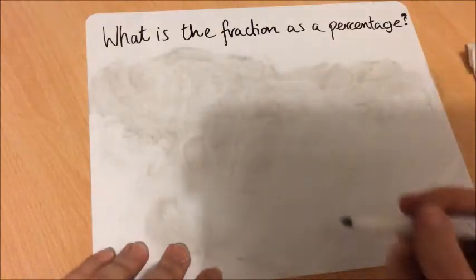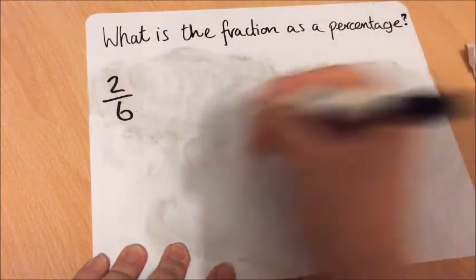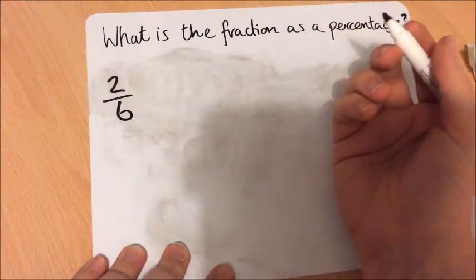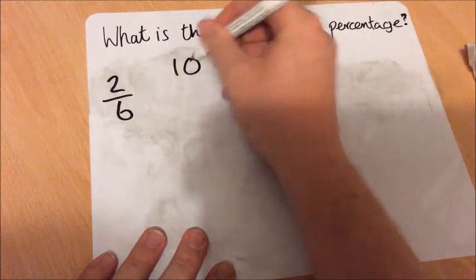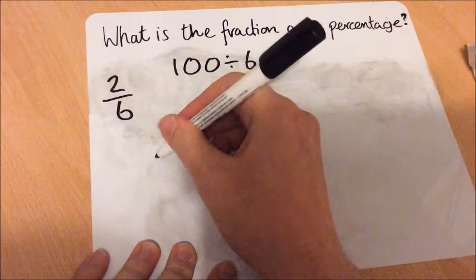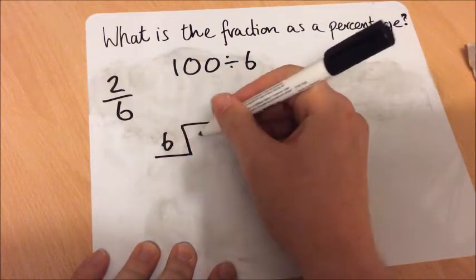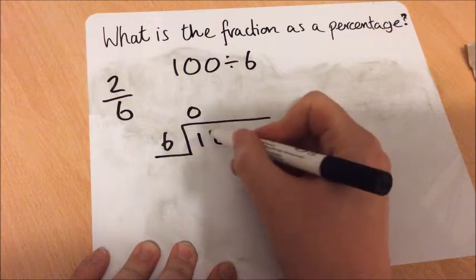Okay, so here is another tricky example. If we have 2/6, you can't times 6 by anything to get to 100, so I'm going to do the dividing method instead. 100 divided by 6. 6 into 1 doesn't go.